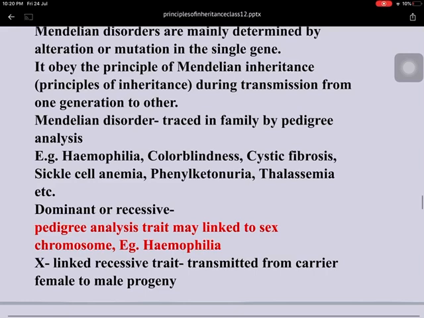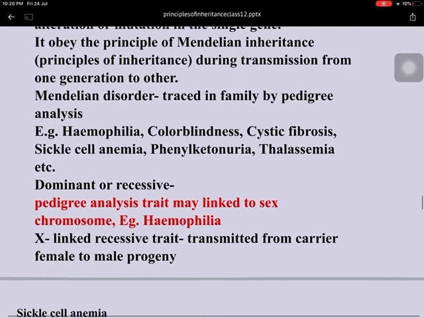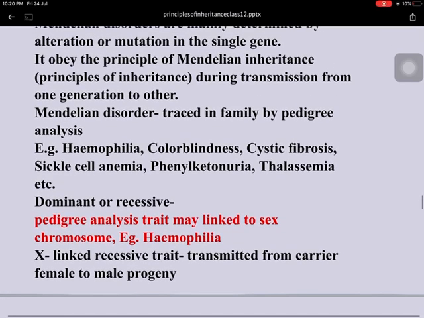Now this is important, what is dominant or recessive. As you know, dominant means the disease appears in the first trait. So in pedigree analysis a trait may be linked to the sex chromosome. An example is hemophilia.